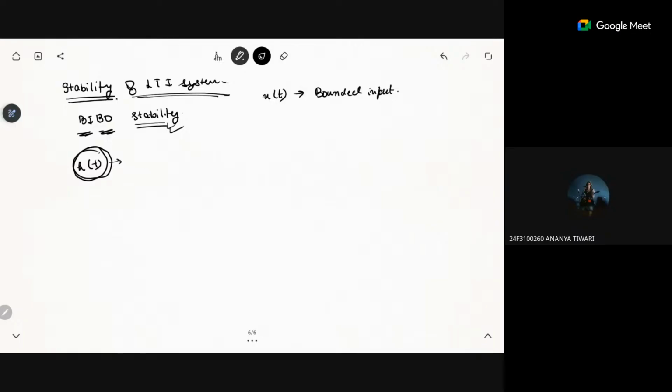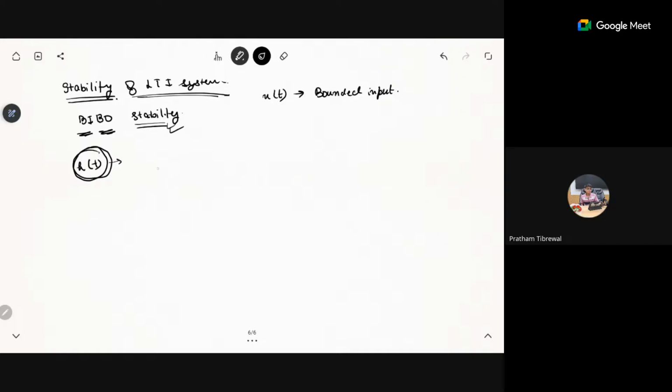Can anybody answer this? What condition should this h(t) satisfy? Okay, what condition are you asking?